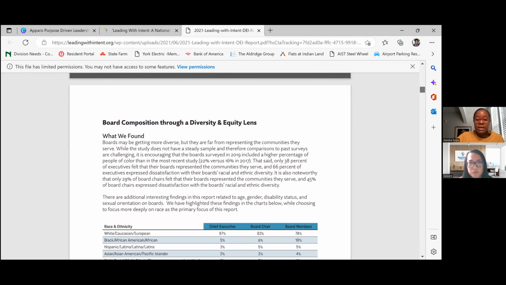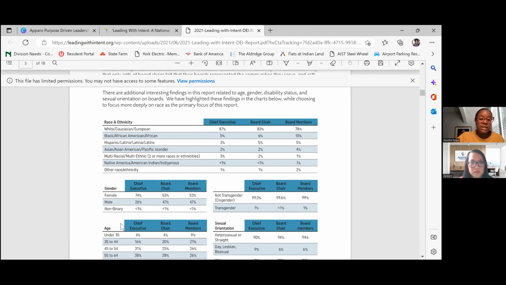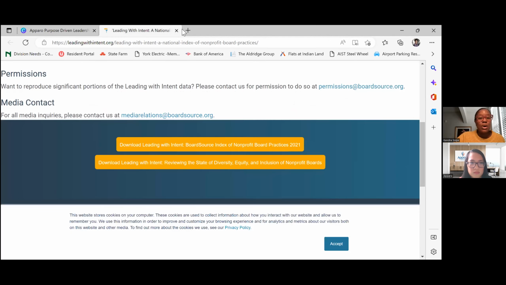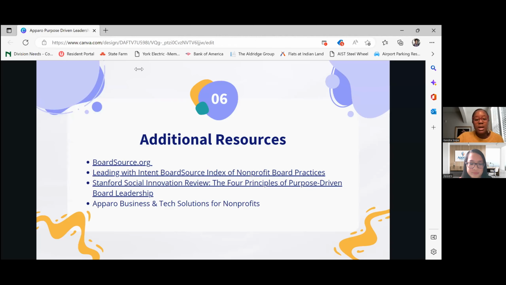It tells you what they found. It gives you some of the data that they've collected. Use these things to your advantage, because none of us were born with this level of knowledge. You had to experience it, learn it, read about it, study it. That's how you get better. That's how you become more sharp in your responsibilities.